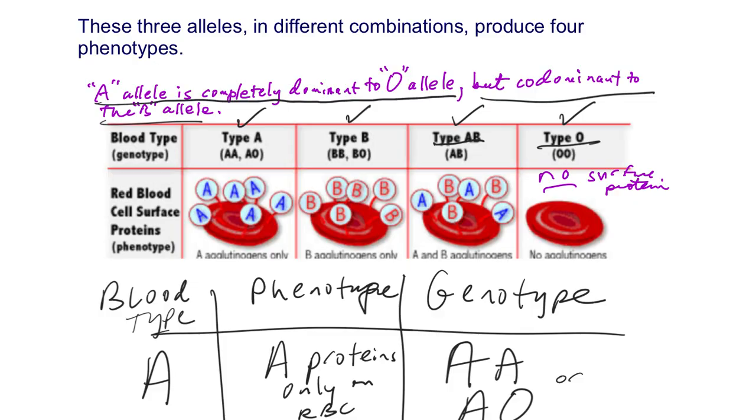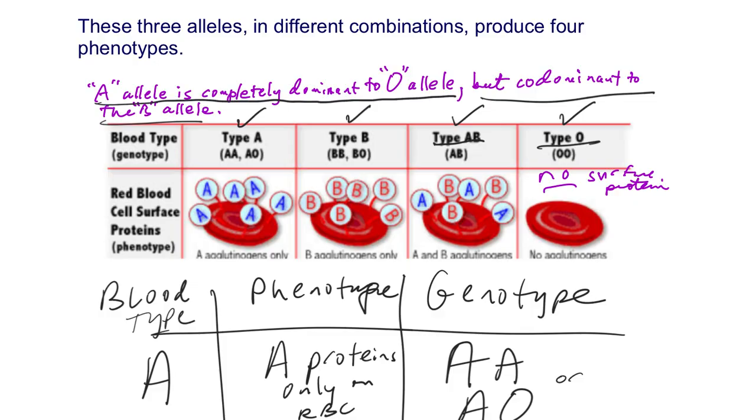So what's the difference? Well, the difference is this. The A allele and the B allele are codominant with each other because both of them are completely dominant against the O. So that's how picky it gets.